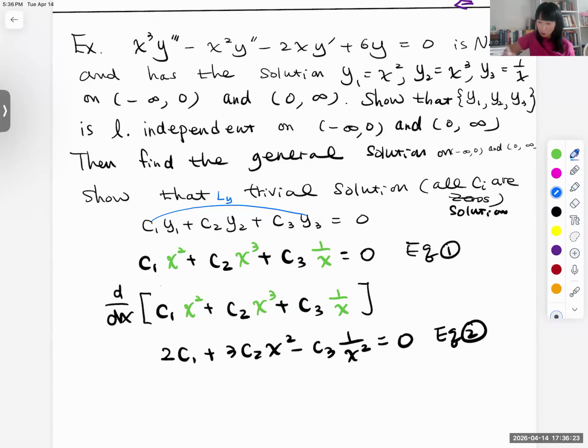Now from the derivative of the left-hand side, let us take the derivative again, the second derivative. Looking at equation number 2, we want to take the derivative again.